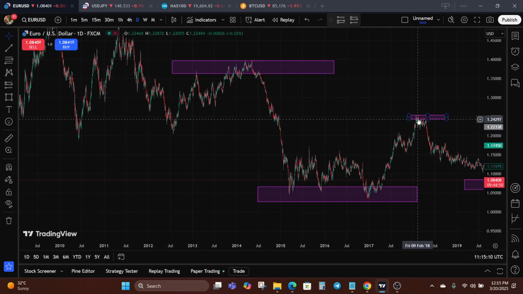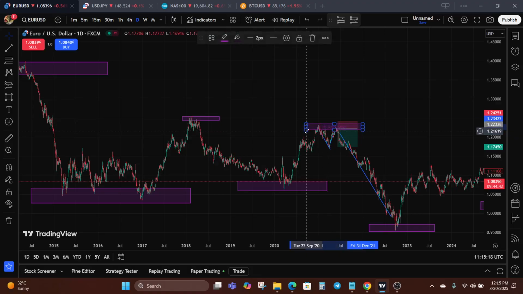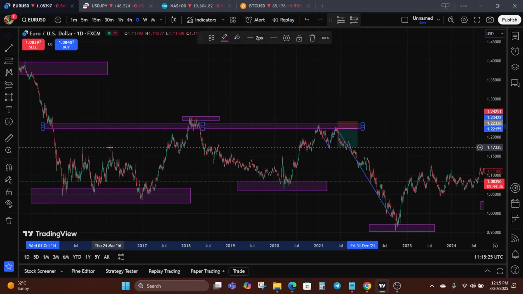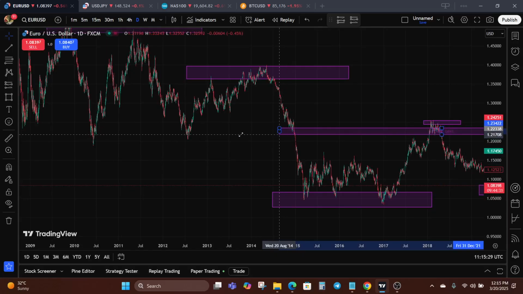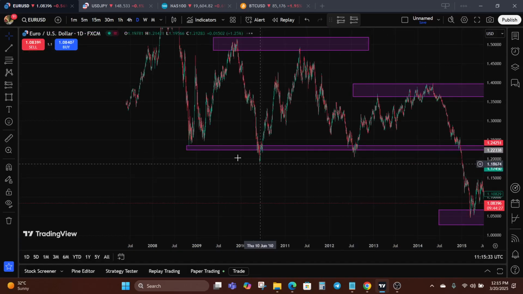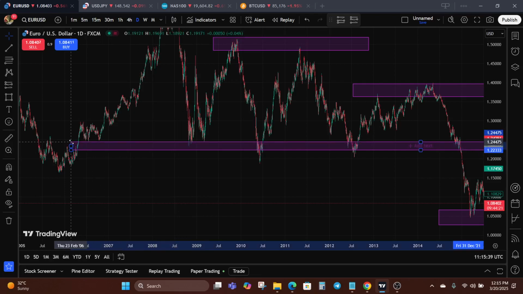So over a long time, this particular level has not exactly had multiple rejections within a short time frame. If you take it back, you will see that this level has been holding up for years.